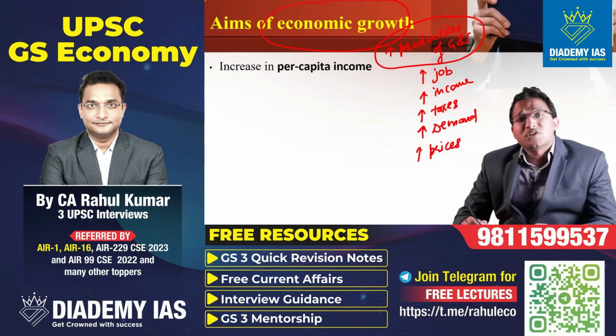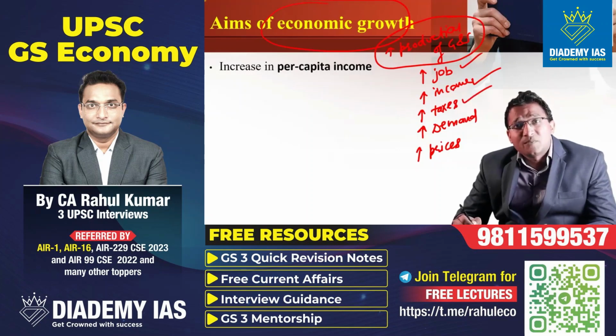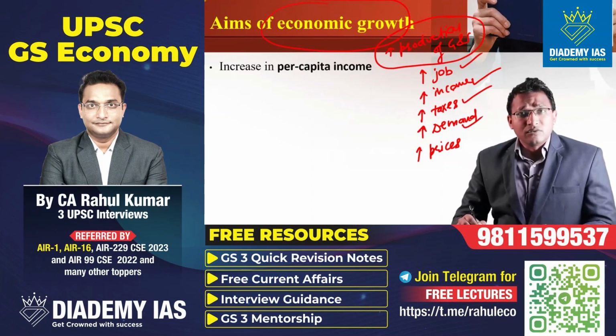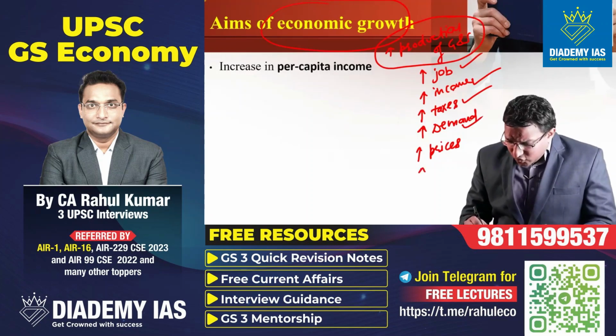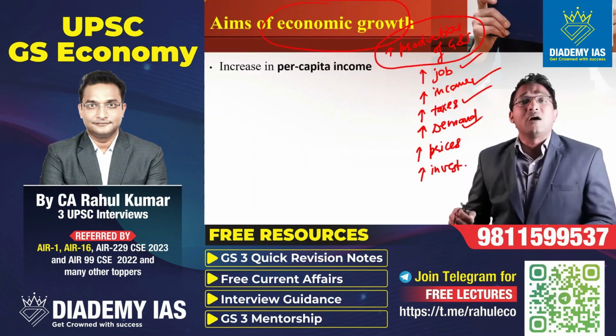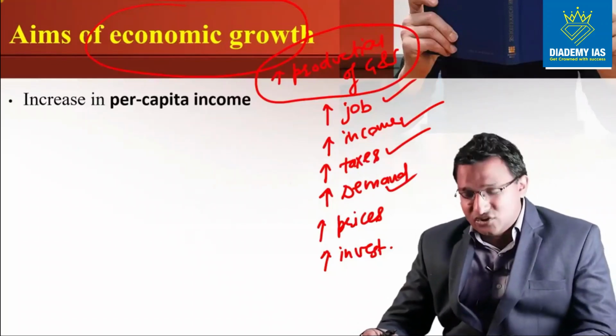So this is a virtuous cycle. More jobs, more income, more tax to the government, so the government can spend on welfare activities, more demand for goods, so there can be an increase in the investment also, because when there is more demand, the industries tend to increase production, and they invest more into fixed capital so that their income can be increased, right?